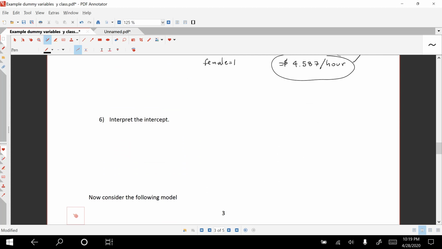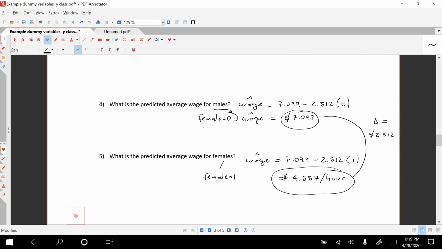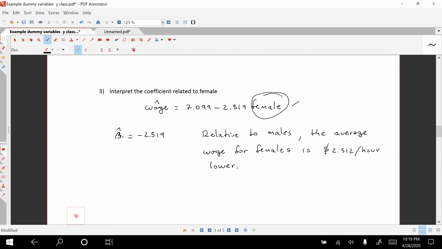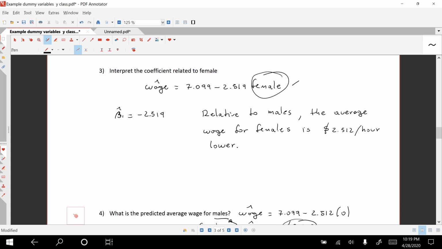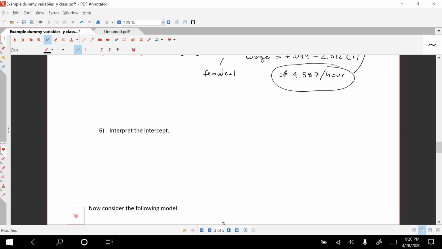So interpret the intercept. Remember, usually the way that we interpret the intercept, we say that that's the average value of y when x is equal to 0. So in this case, x equal to 0 means that female is equal to 0, which means that's a male. So we interpret the intercept.